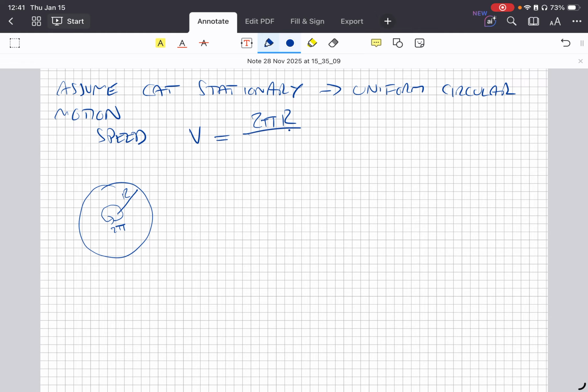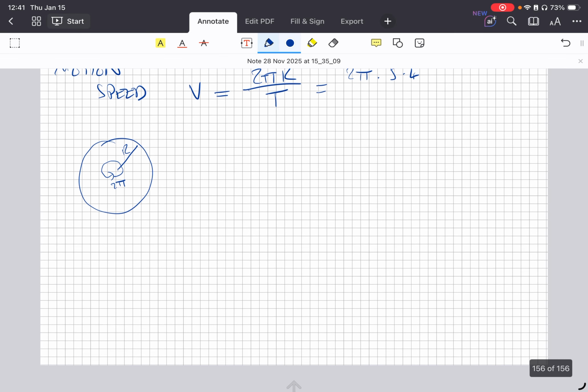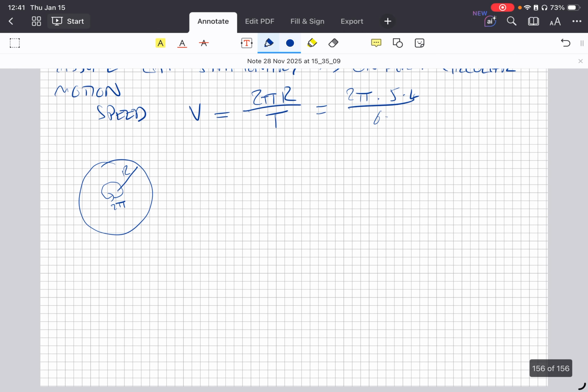And then the time that's taken to do that rotation is the time period T. And so the speed of that rotation is 2 pi times 5.4, that's the radius given to us in the question, a radius of 5.4 meters, and the time is also given to us. We do 1 complete rotation in 6 seconds. So we just plug in those numbers and we get a speed of 5.65 meters per second.